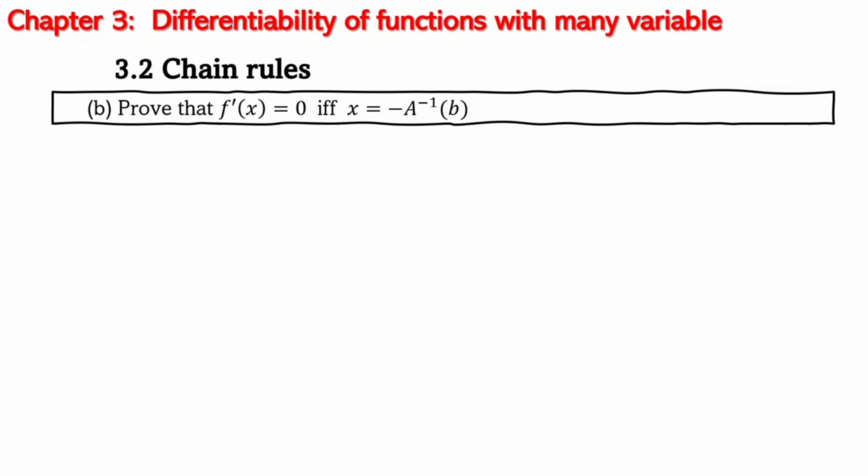To prove that, we first consider a. Since a belongs to L from Rn to Rn, a is bijective.